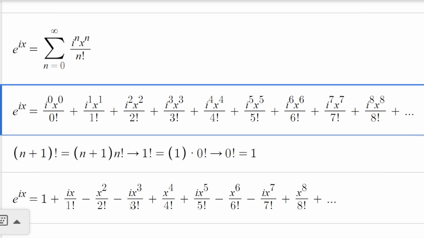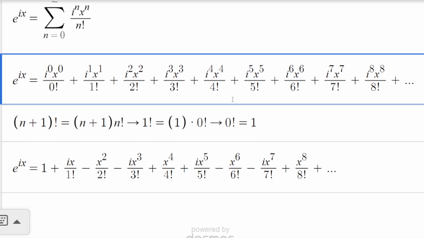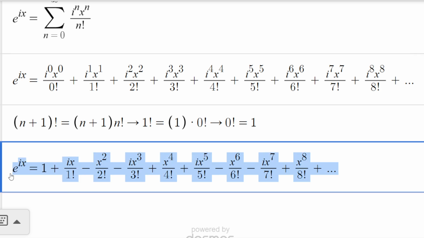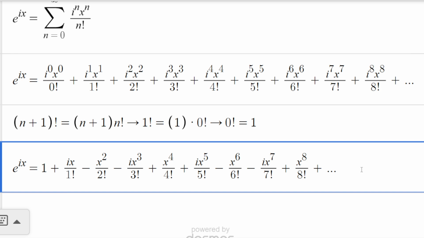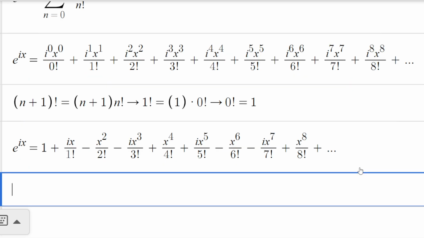So we end up with minus i x cubed over 3 factorial. And then what we have here really is i squared squared, which is -1 squared, which is just 1. And the pattern continues from there, and this is what e to the ix equals if you expand it out term by term for 9 terms.